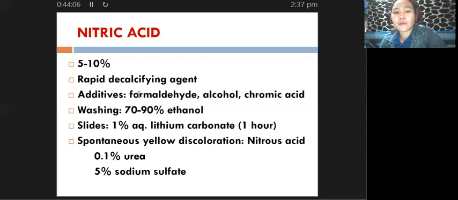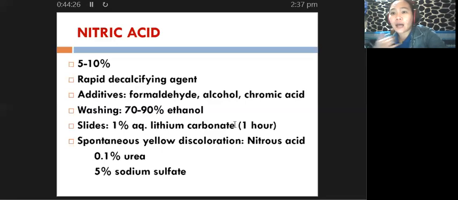Before we go to the washing of your nitric acid, may I just also mention that your nitric acid is considered to be a strong acid. So what can we say about its application in the laboratory? You should not use nitric acid for your enzymes.